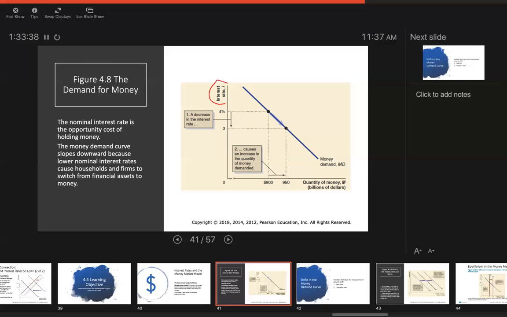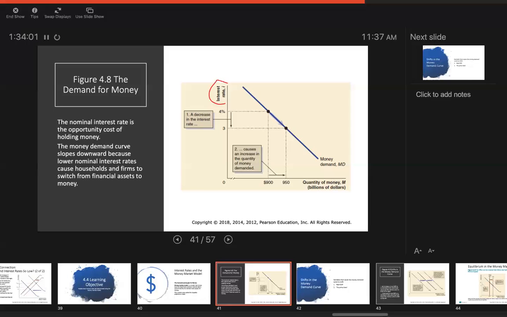If you have $1 in your pocket today, you forego the interest rate that that dollar could earn. So the price of that dollar in your pocket is the foregone interest rate that you could theoretically have earned had you left it in your savings account. Okay.